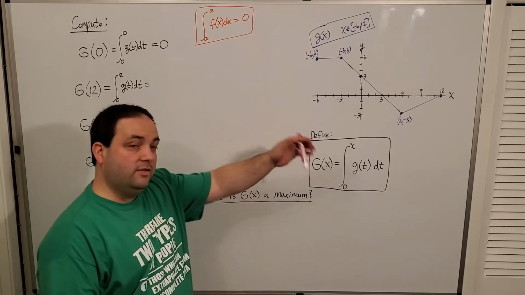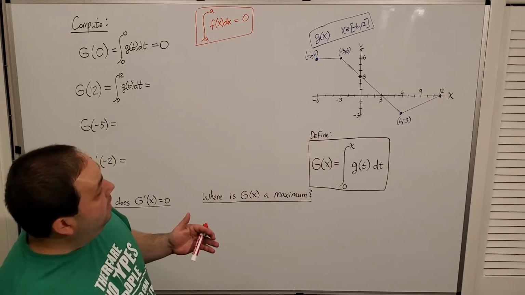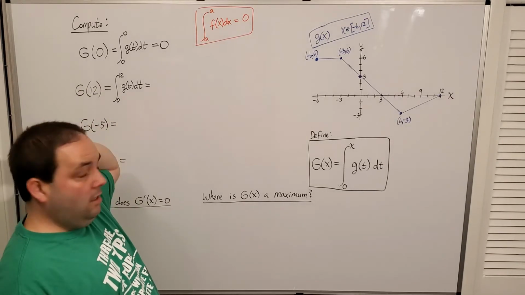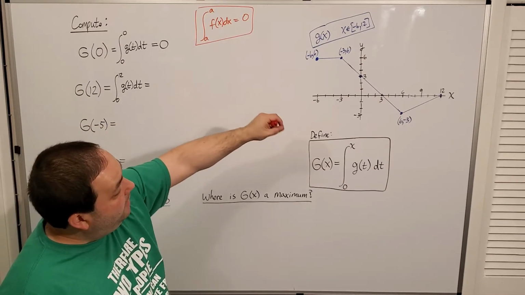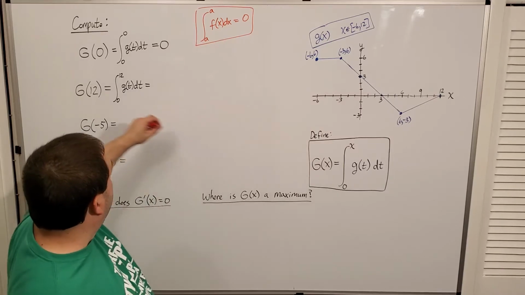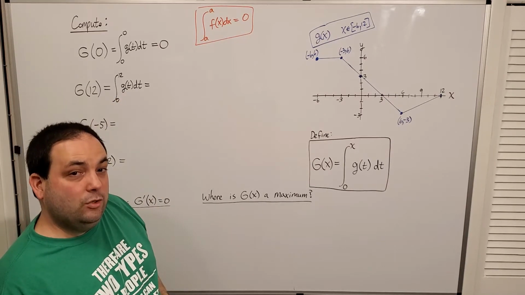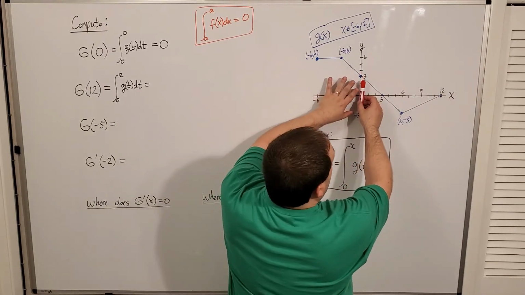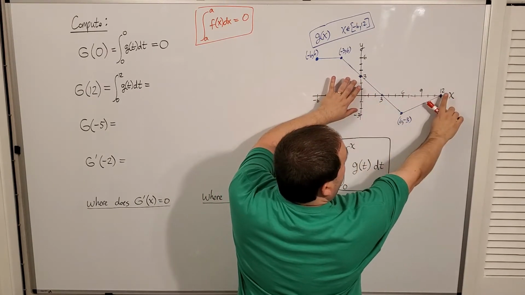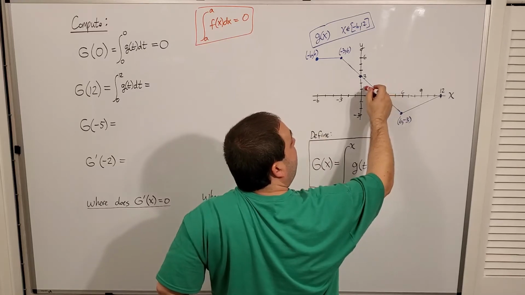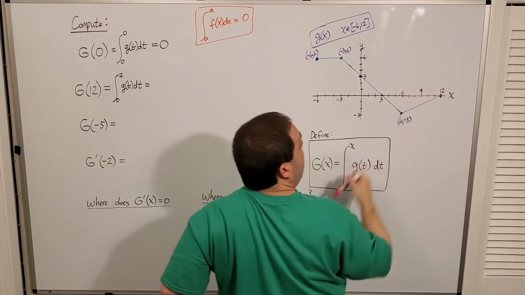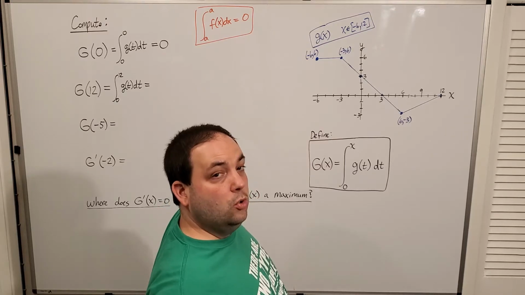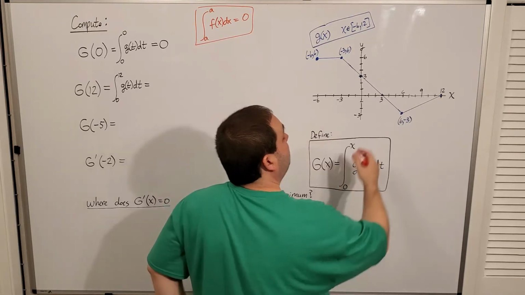Well, I don't have anything to punch in with my fundamental theorem, but I do remember the connection that we made in the last lecture of being able to do the signed areas to get these definite integrals, right? So here I go. From 0 to 12. So I just need to figure out these little areas in here so that I can add them up and get the total signed area, right?